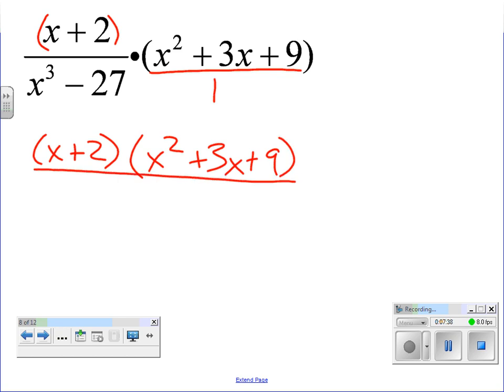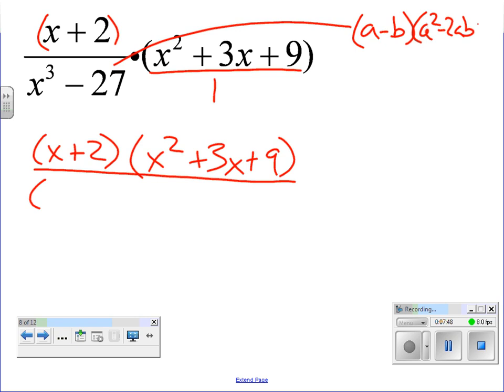But watch what happens here on the bottom. Remember here we have x cubed. So we break that down to your a minus b pattern. A squared minus 2ab plus b squared. Again, for first semester. So we're going to do x minus 3, and then we're going to do x squared plus 3x, and then plus 9.